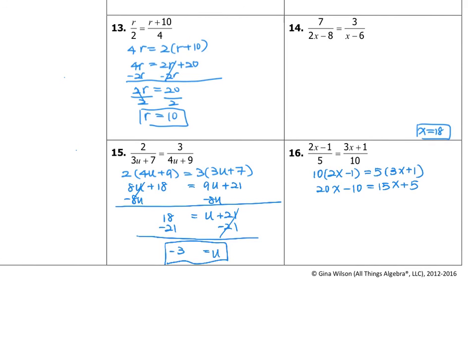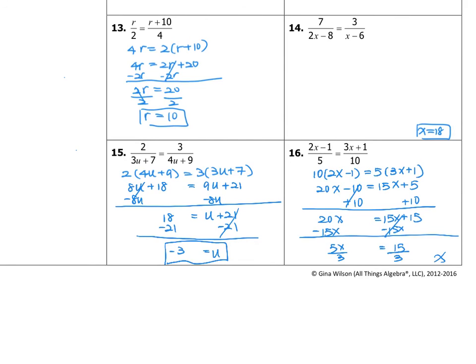Now I can bring the numbers on one side. And now I can subtract 15x so that I only have the variable on one side. Last step, divide by 3. Oh, I'm sorry, divide by 5.